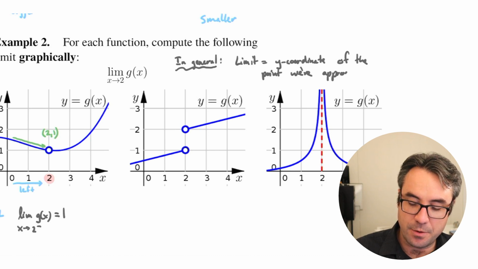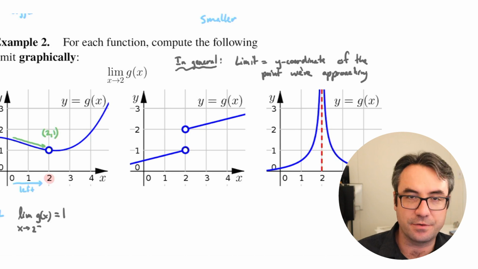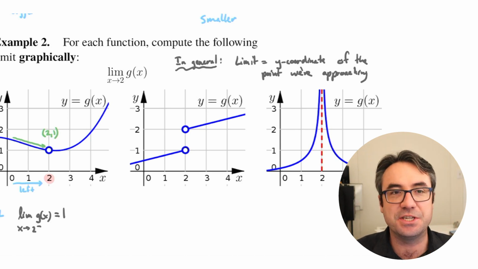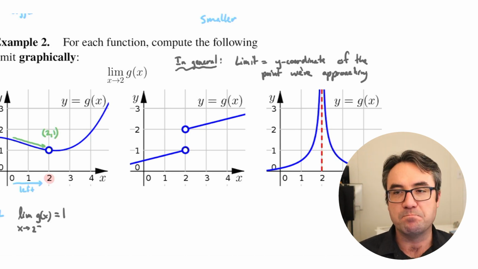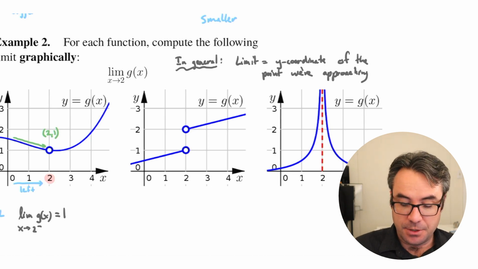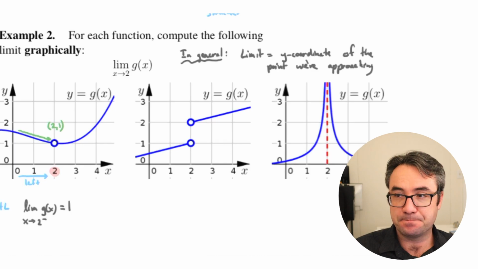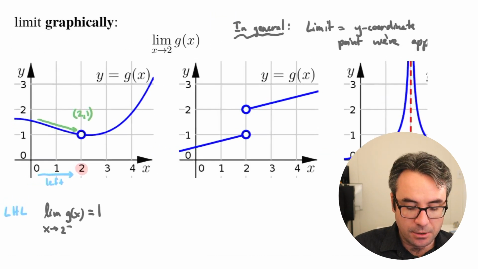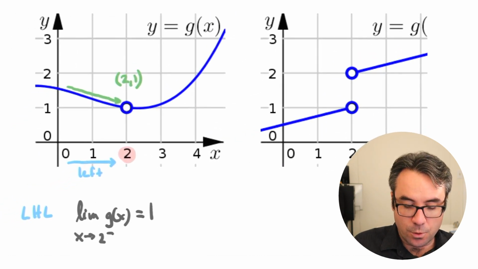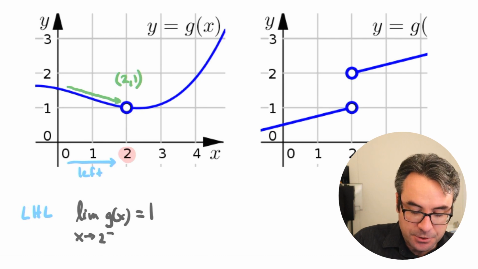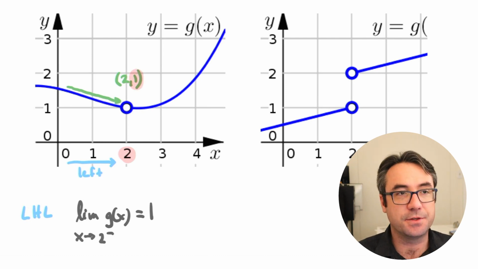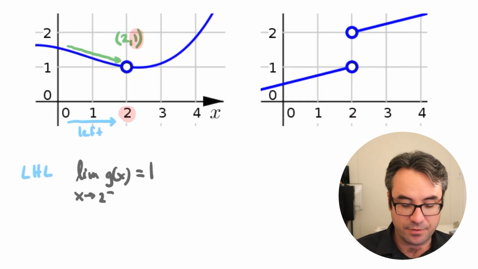Again, if you imagine standing on the curve and following it to see where it takes you, the y coordinate is the value of the limit. For our purposes, it looks like we're getting closer to this point here, which has a y coordinate of 1. So that's the value of our limit.